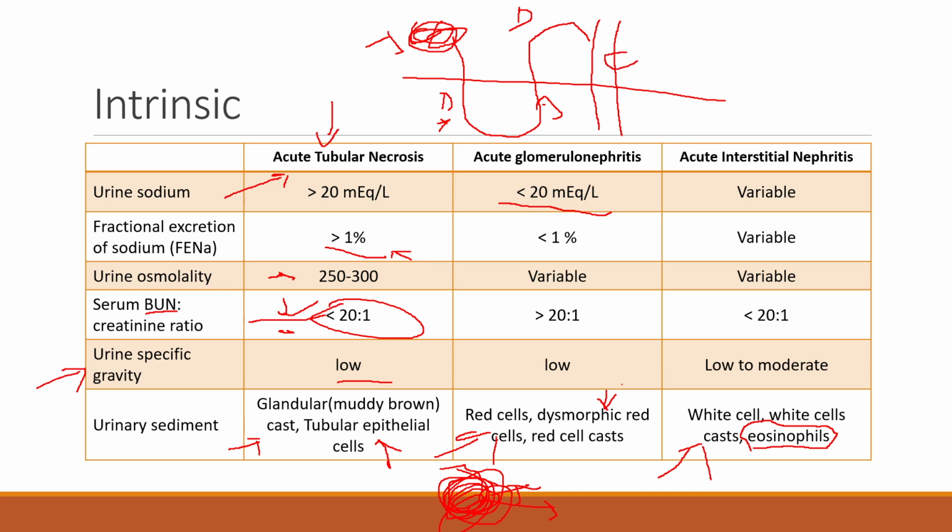Anyway, what happened? The problem is here, right? In acute glomerulonephritis, you have damage here, but you still have an intact tubule. They're going to be damaged, but this is a late stage thing.